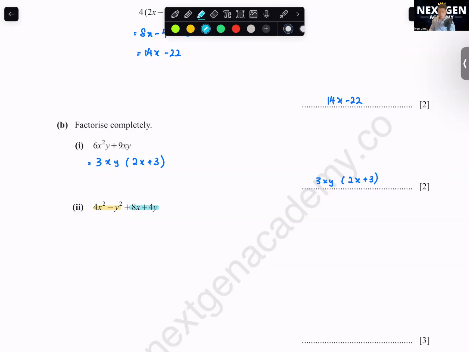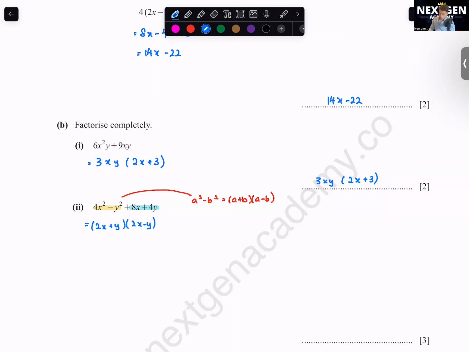Look at 4x squared minus y squared. What form is this? This is a square value, this is a square value. So we can use a squared minus b squared equals a plus b, a minus b. So we can write it as 2x plus y, 2x minus y.